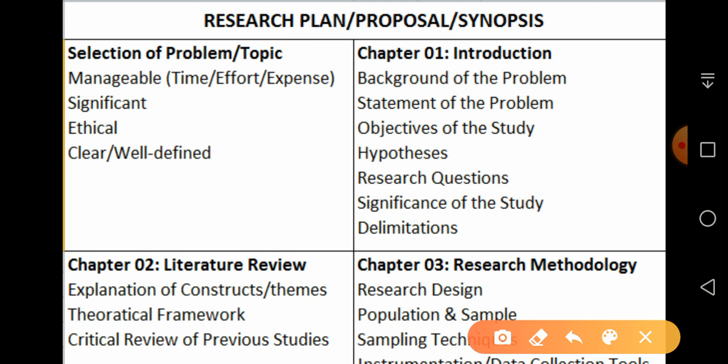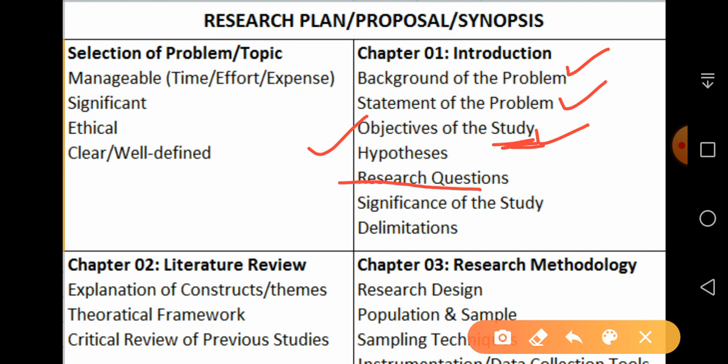Now I am going to explain chapter number 1. This chapter has these subheadings: background of the problem, statement of the problem, objectives of the study. Study means research study or research inquiry. Hypothesis, it may be one hypothesis, there can be many hypotheses, it can be a research question, one research question, and there can be many research questions.